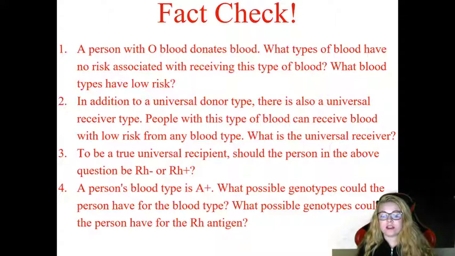They could be either AA or AO. And in terms of the possible genotypes for the Rh antigen, they could either be plus plus or plus minus. Remember, A is dominant, and Rh plus is dominant. So that goes into those possible allele combinations or genotype combinations.